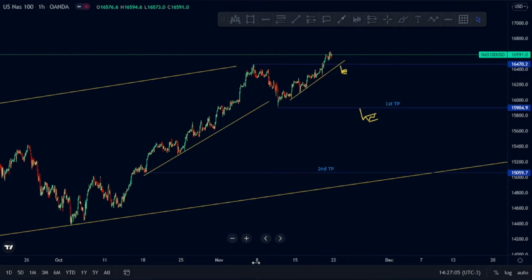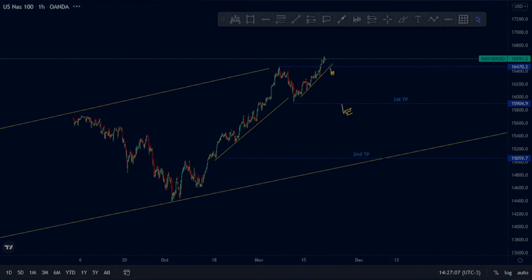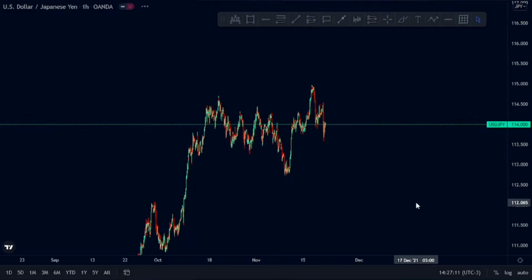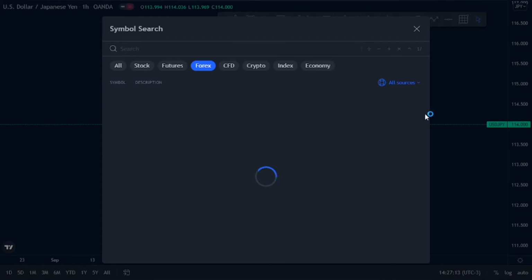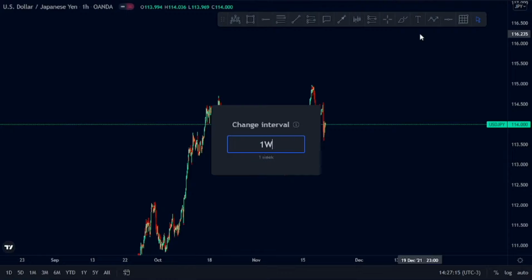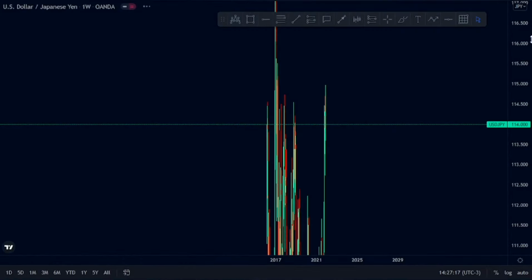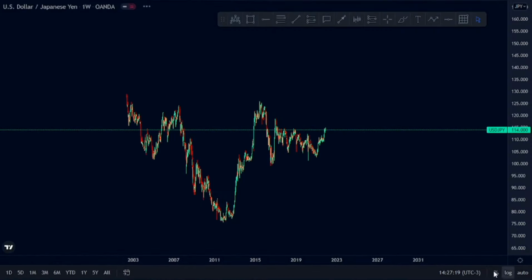Let us get to USD JPY, which is the last pair. USD JPY also had it for about, I think, 3 weeks. This is what we had previously.